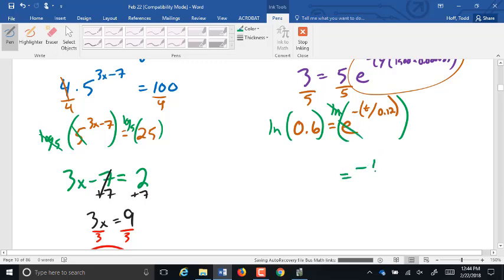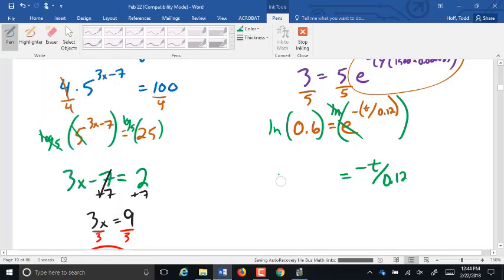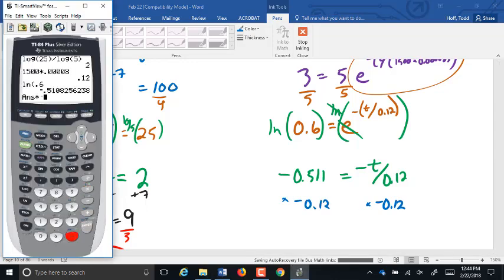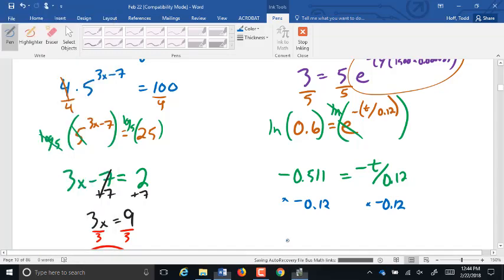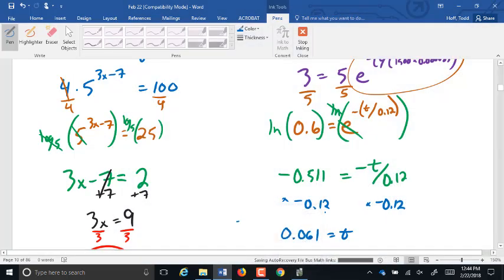That is negative t over 0.12 equals ln of 0.6, negative 0.511. And now I'm going to multiply both sides by a negative 0.12. And we get 0.061 equals t. So in other words, 61 milliseconds. T is time, so it'd be seconds.